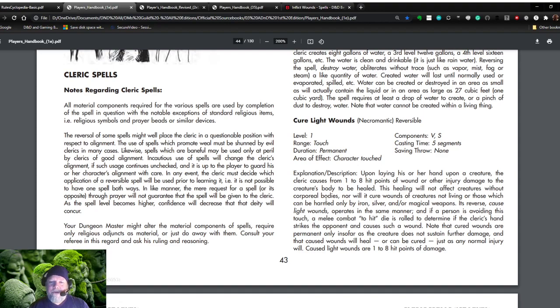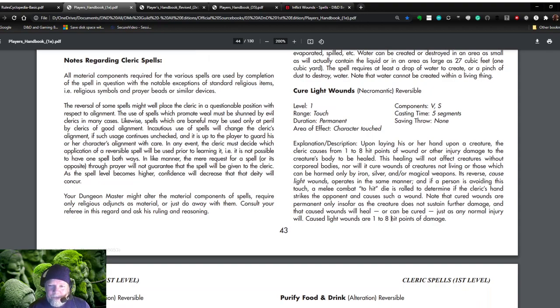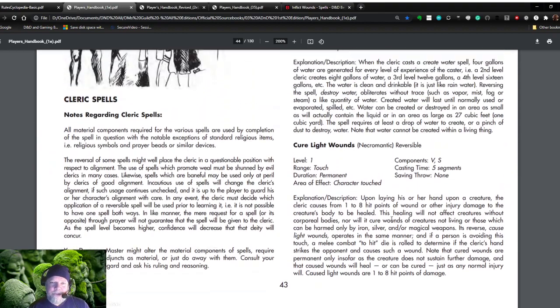Healing will not affect creatures without corporeal bodies, nor will it cure wounds of creatures not living or those which can be harmed by iron, silver, and/or magical weapons. To reverse, Cause Light Wounds operates in the same manner. If a person is avoiding the touch, a melee combat hit is rolled. And Cause Light Wounds does 1 to 8 points of damage.